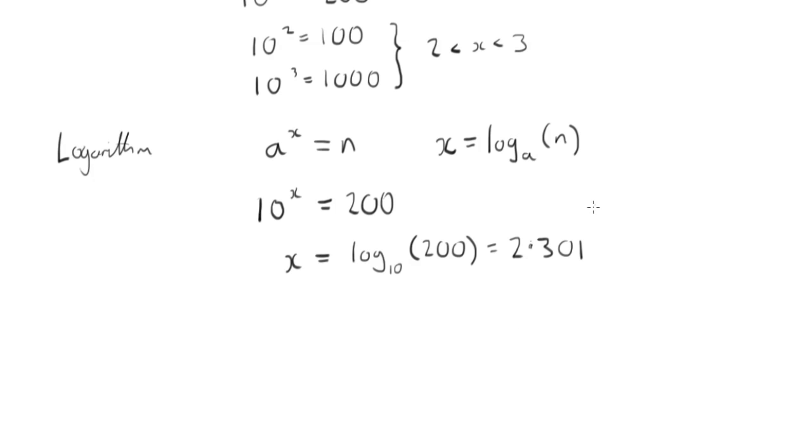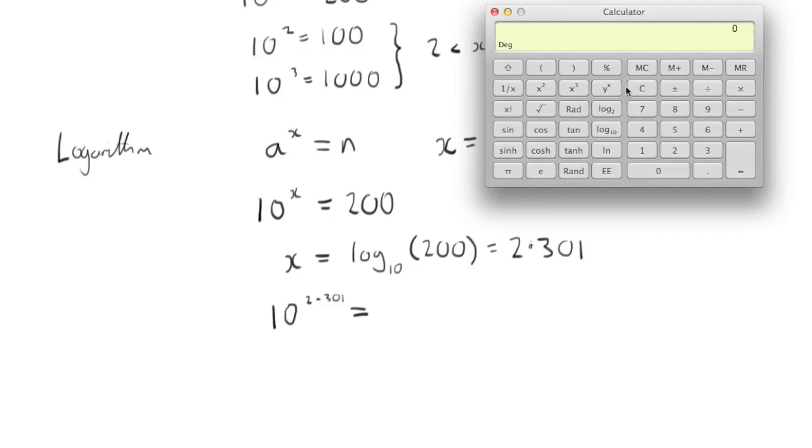What if you don't believe me? How would you know this is a solution? Well, as always with any algebraic solution, we can go back and check. So if we raise 10 to the power 2.301, I'm just going to bring the calculator back in. There's a power button on this calculator, and we have the power 2.301. Press the equals key, and we can see here it's 199.986.